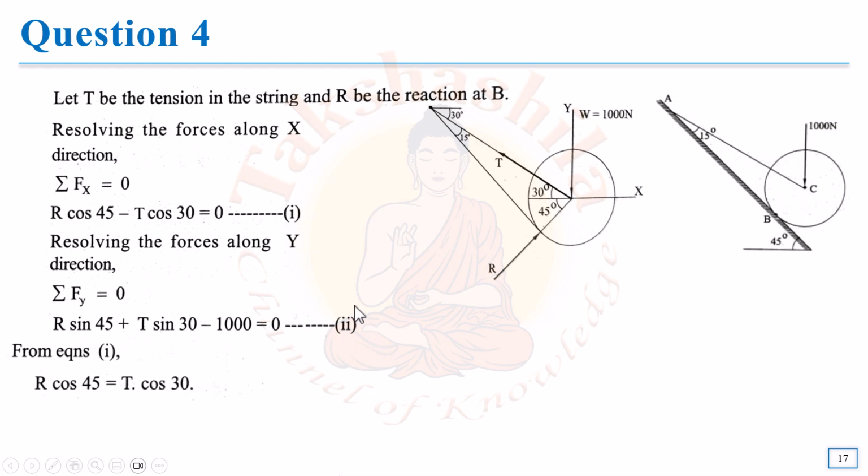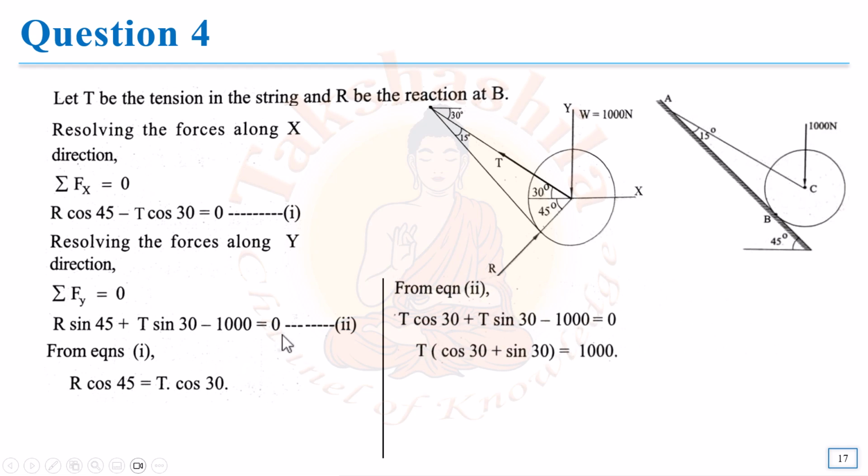Now, if you see equation number 1, R cos 45 minus T cos 30 is equal to 0, or I can write it as R cos 45 is equal to T cos 30, taking this part to the right-hand side. Now, for the second equation, you already know that the value of cos 45 and sin 45 is the same.